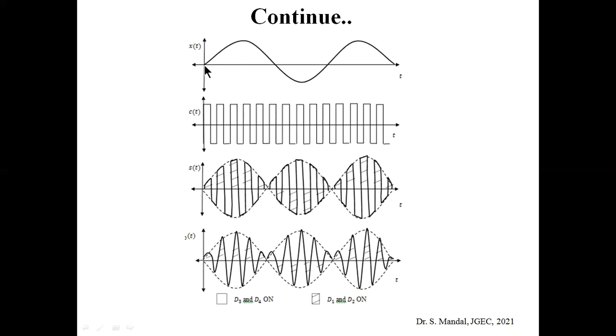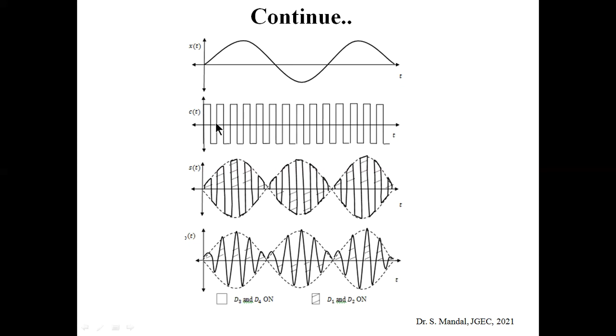Now consider the positive half cycle. When x(t) is positive and c(t) is positive, the modulated wave is x(t) into c(t), positive times positive, which is positive, so in that case D1 and D2 will be on. We already described that in the positive half cycle D1 and D2 will be on.